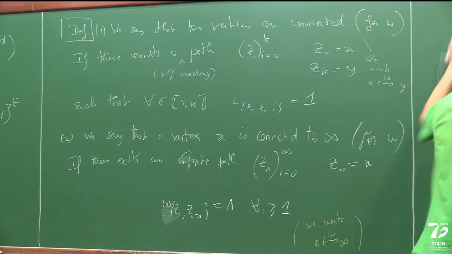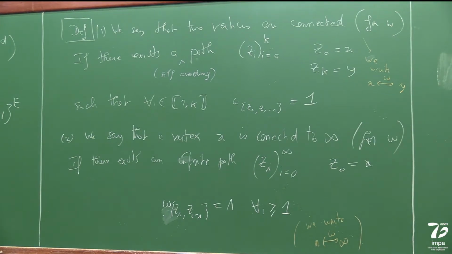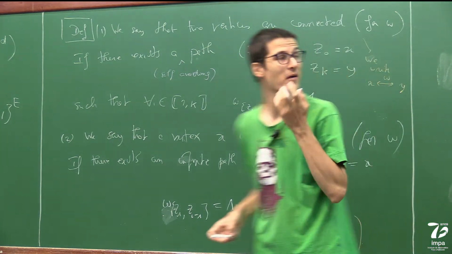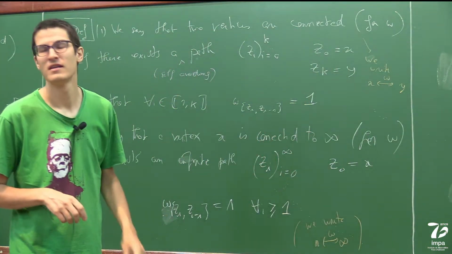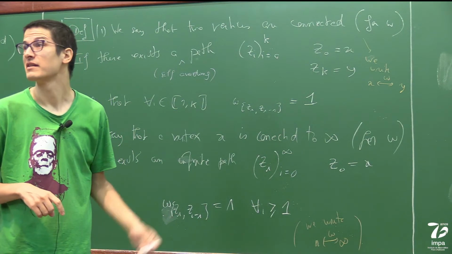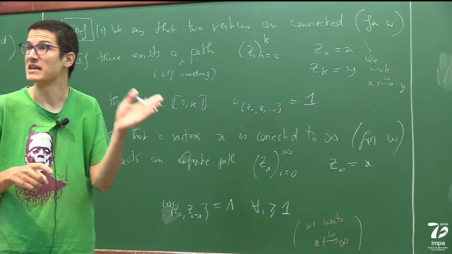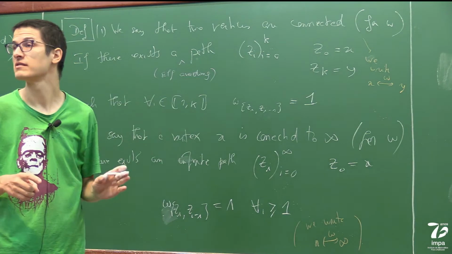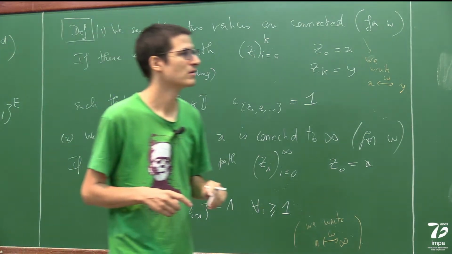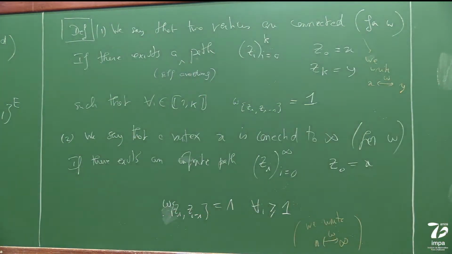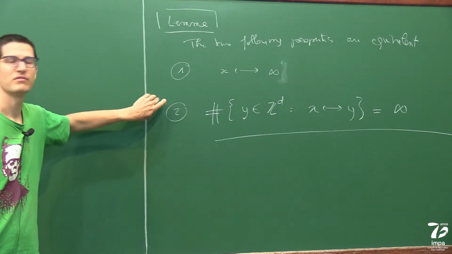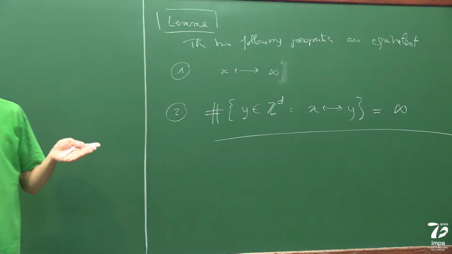Okay, so I guess this lemma looks reasonable for most of you, maybe even obvious. Does anybody have an idea for how to prove this? Okay, so 1 implies 2 is actually not difficult, but 2 implies 1 is, well, you need to do something.